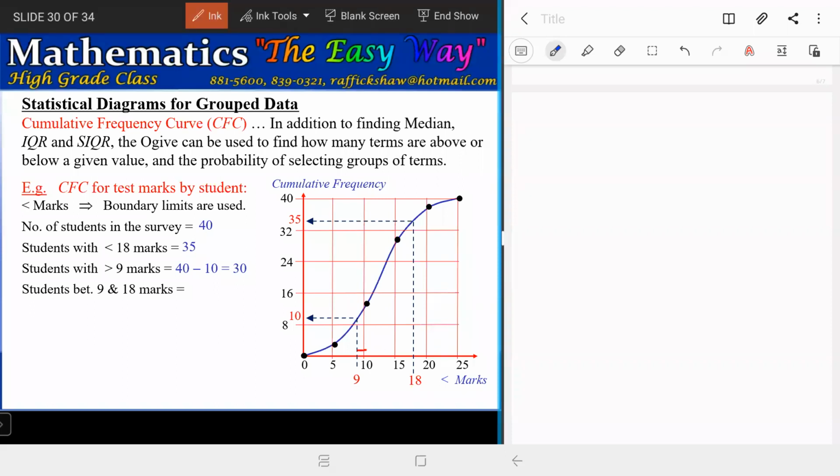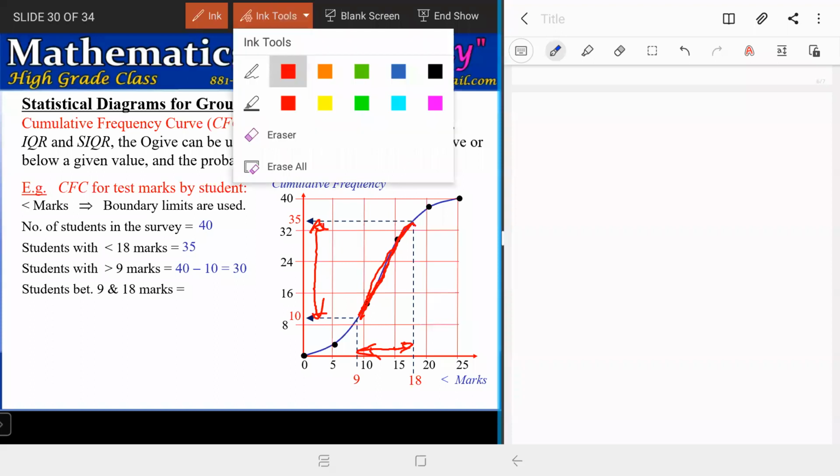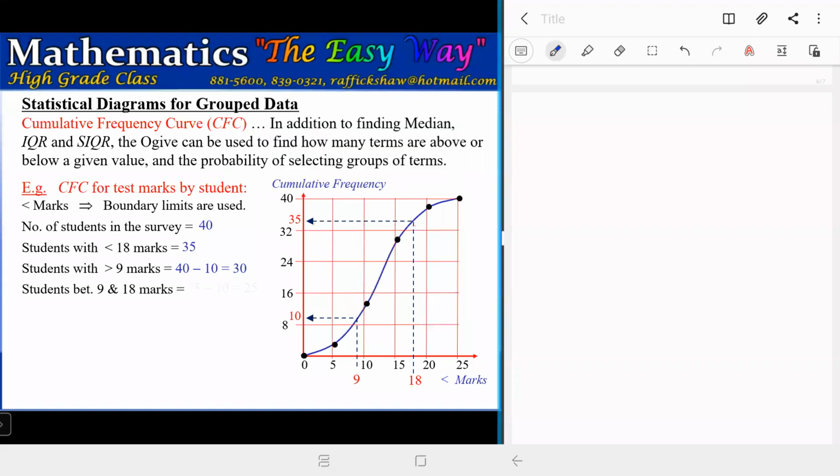Because these are the marks between, represented by this part of the graph right here. They correspond to the students between here and here. So the students between the 10th one and the 35th one. So approximately it's 25. All right? Approximately 25 students.